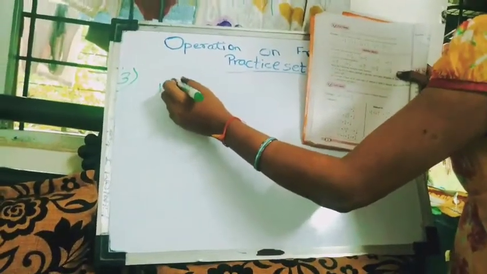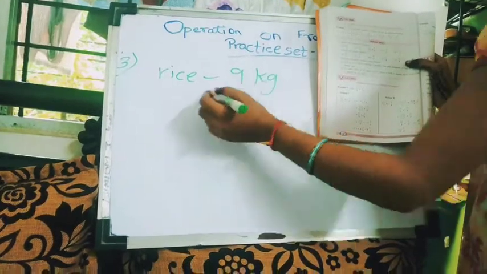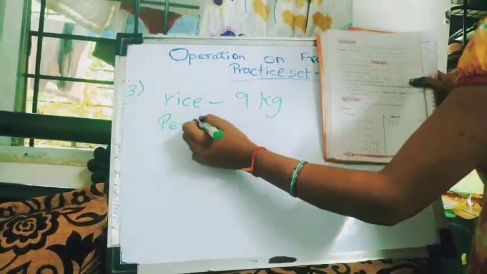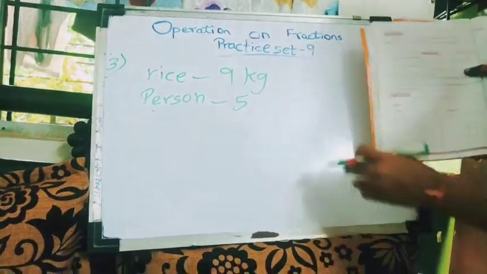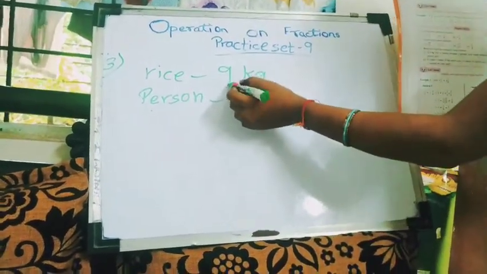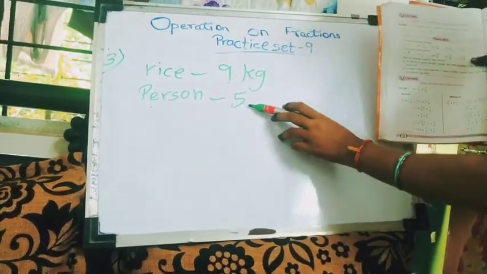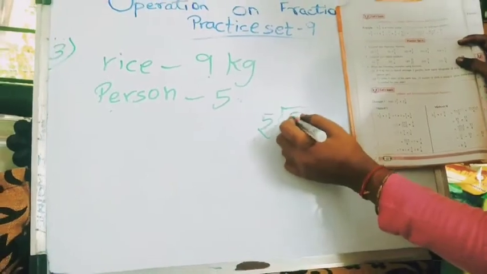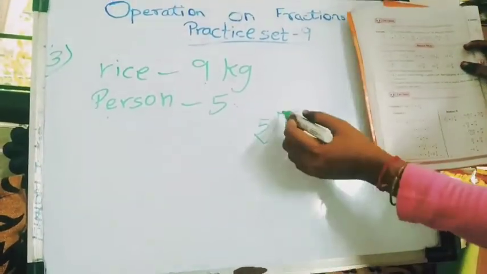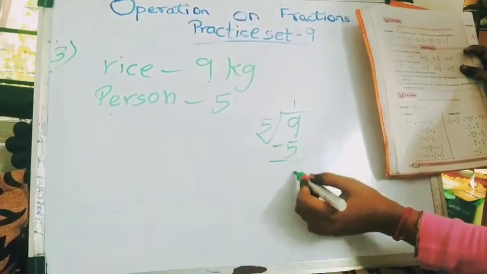Rice is 9 kg. And persons, how many? 5. Now we will change it. It means give 9 kg rice to 5 people. At first divide 9 by 5. 5 1 is 5. You subtract 9 minus 5, how much? 4.